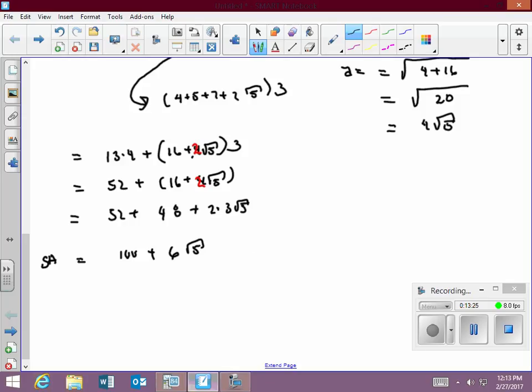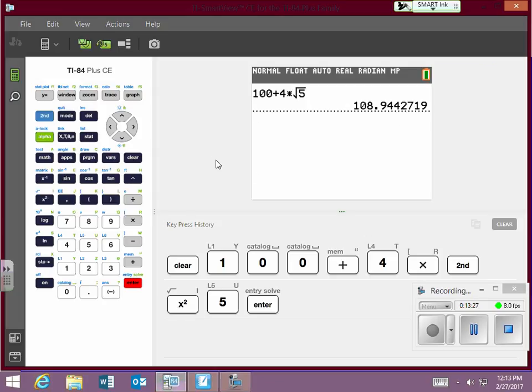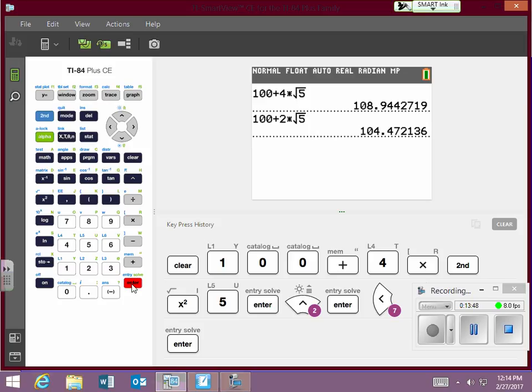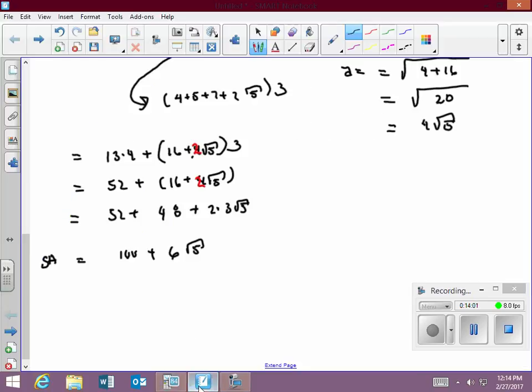Now, change this to enter 104, rather than 108.